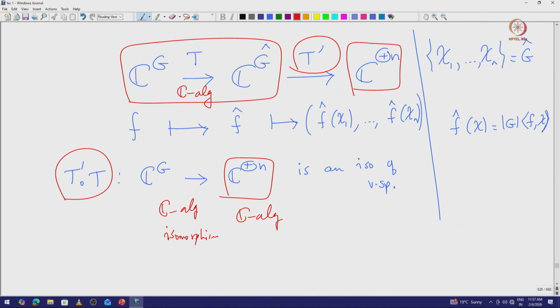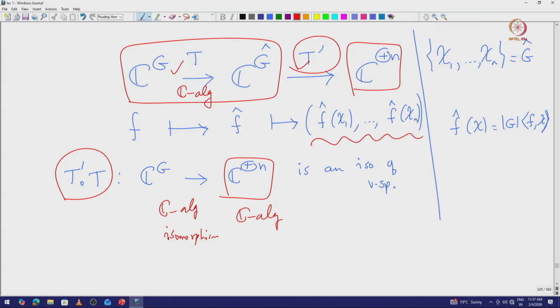So, this is an isomorphism and this is an isomorphism, which implies the composition is an isomorphism. So, indeed what we did is replace this C valued function from g hat by the value of the inner product of f and chi, where chi varies over all g hat.